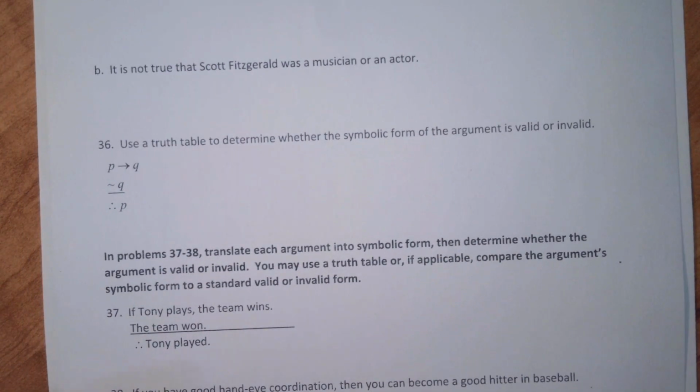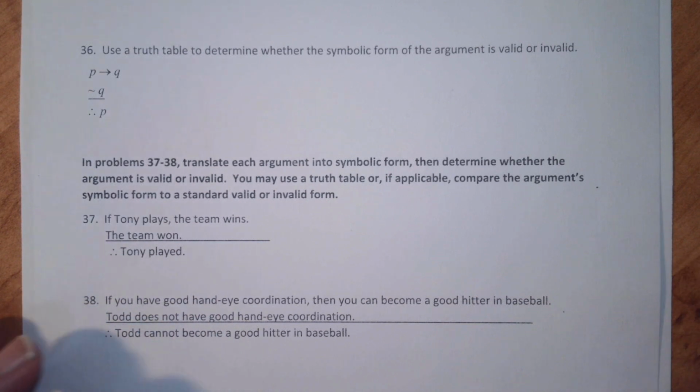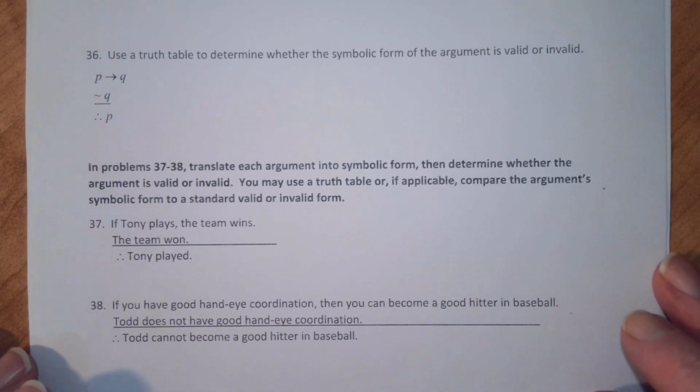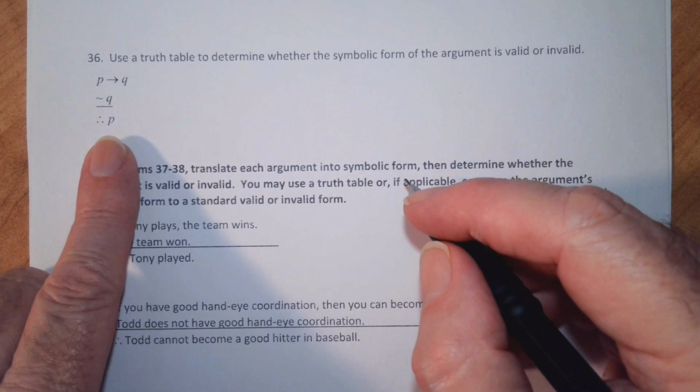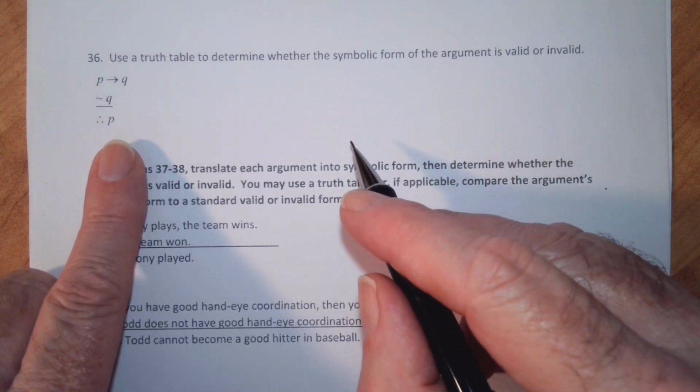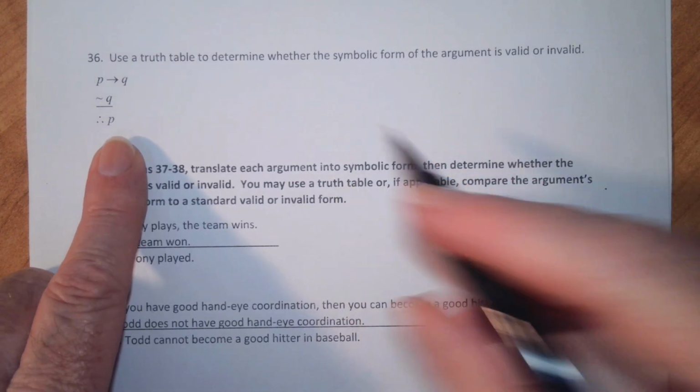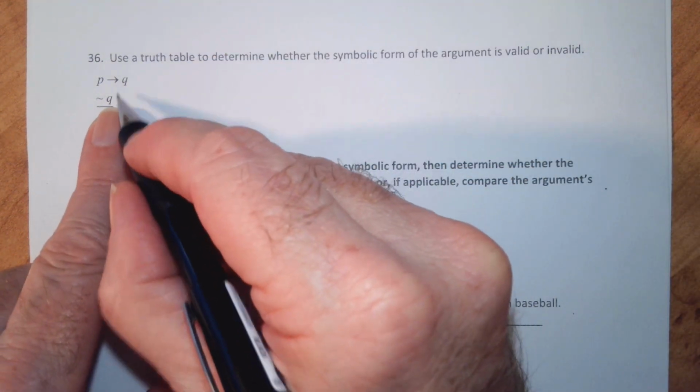Use a truth table to determine whether the symbolic form of the argument is valid or invalid. All right. So first of all, we have to know how to write this as a symbolic statement. These are our premises.